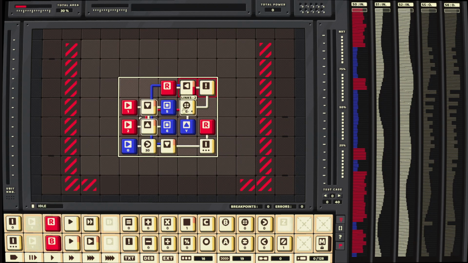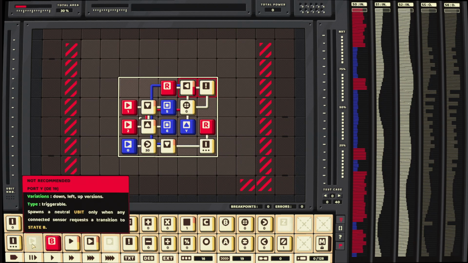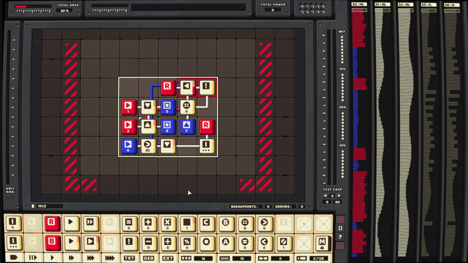Actually, so this guy is triggered on a signal? Yeah. So maybe I don't need this conveyor after all. If I just, when this is greater than 30, I flush this.